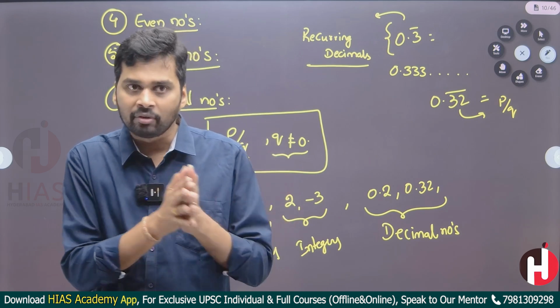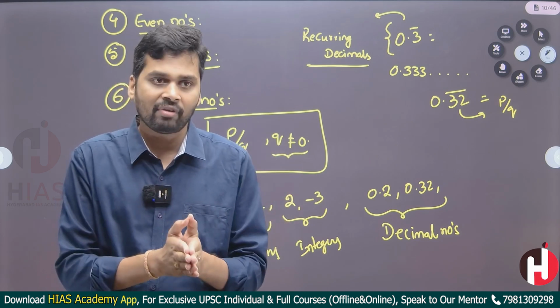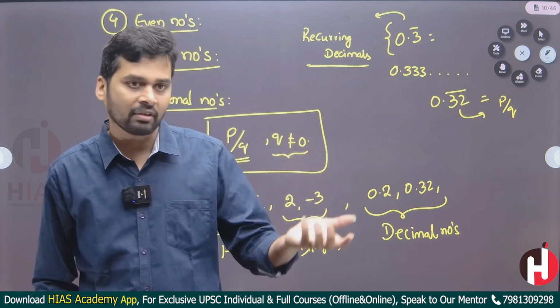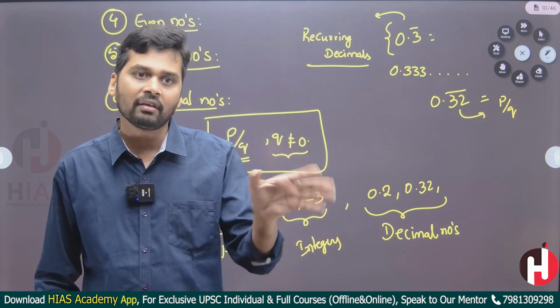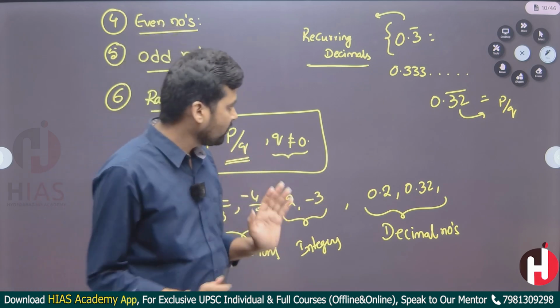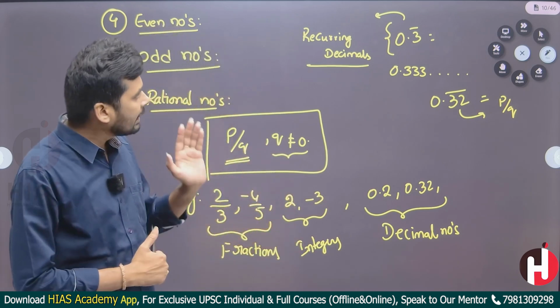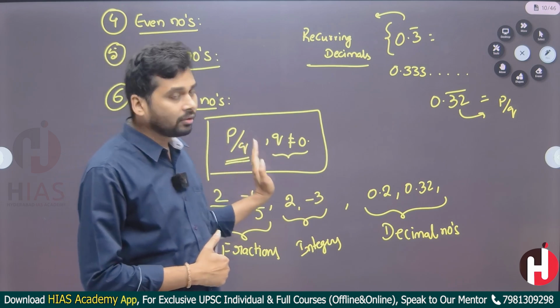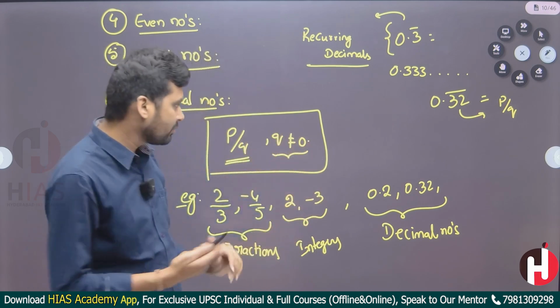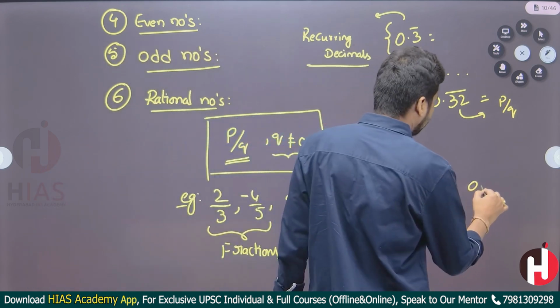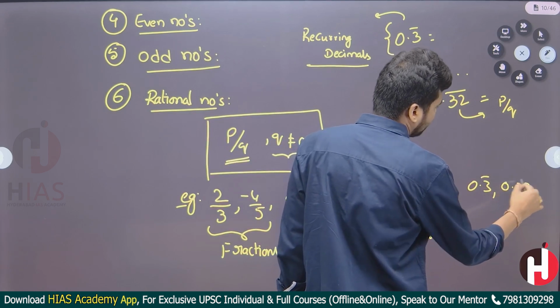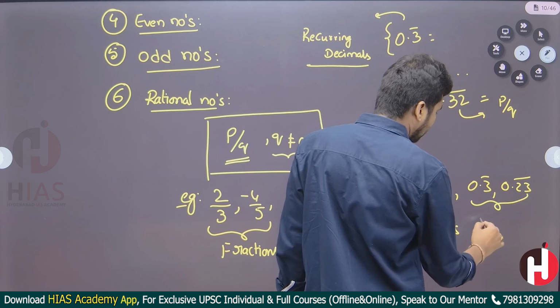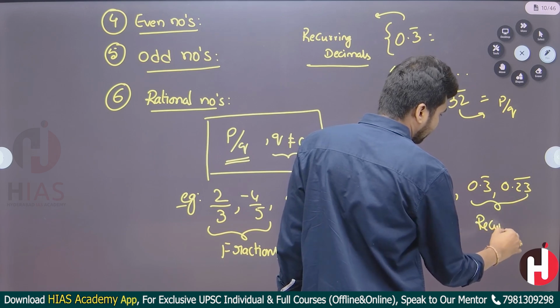How we need to convert, we'll see in the coming classes. But as of now, please remember that recurring decimals can also be converted into P by Q form. That's why all recurring decimals like 0.3 bar and 0.23 bar are also rational numbers.